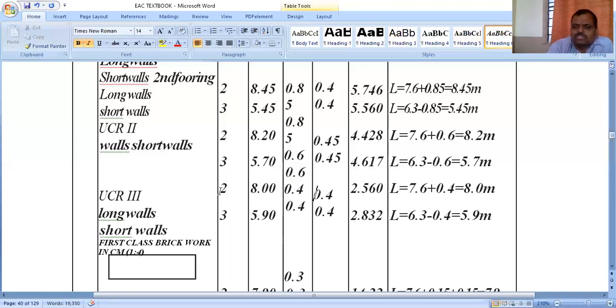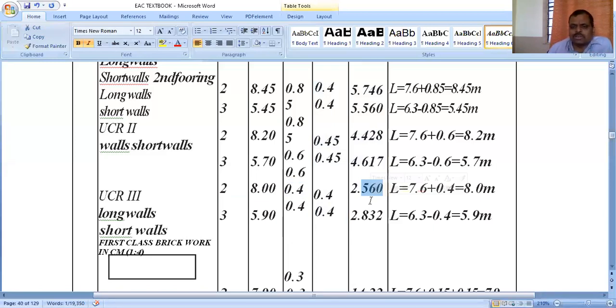So the quantity of UCR masonry step 3 of the long wall will be the multiplication of 2 into 8 into 0.4 into 0.4. We will calculate it here using the calculator. You also try to calculate the same. When I am solving the problem, always keep your measurement sheet ready and go on solving the problem with me.